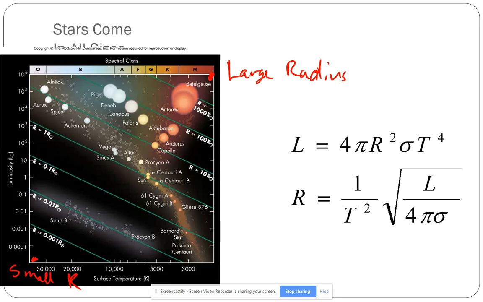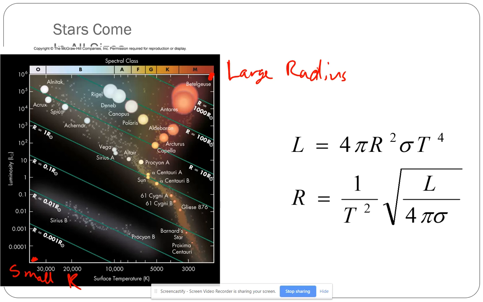I said it in the last class, but what should we call those things? What color are they? Red. And they're really large, so giants. So those are red giants. Then we've already identified these dwarfs. These here are still large, and so they're still giants. We'll talk about the different classes here in a minute.